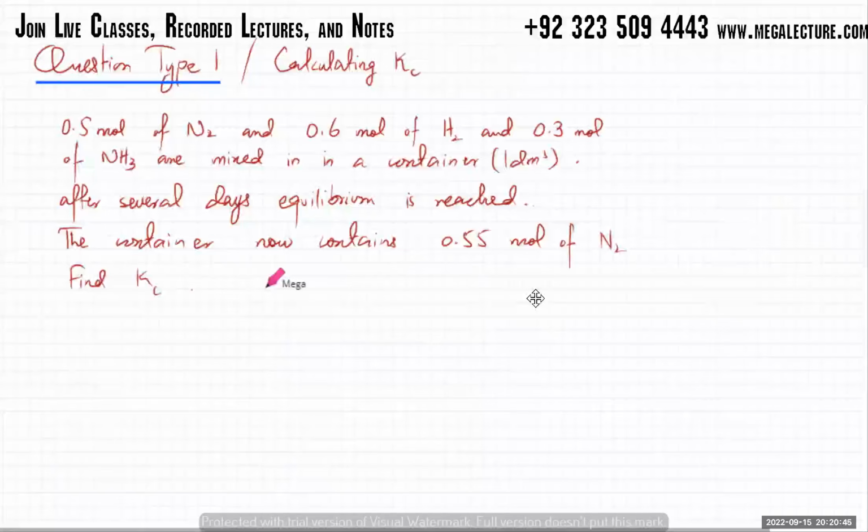So based on the data, how are you going to do that? You're going to make a table first, and you're going to write the reaction. Let's assume that the reaction is already written for you. They've told us that the reaction between N2, H2 and NH3 is the Haber process reaction. N2 reacts with H2 in equilibrium with 2NH3.